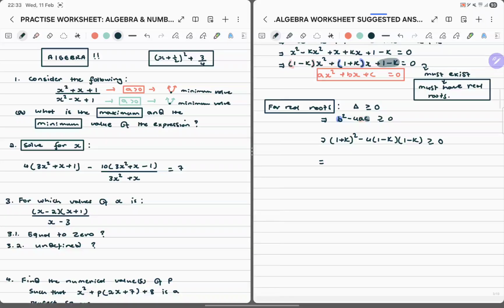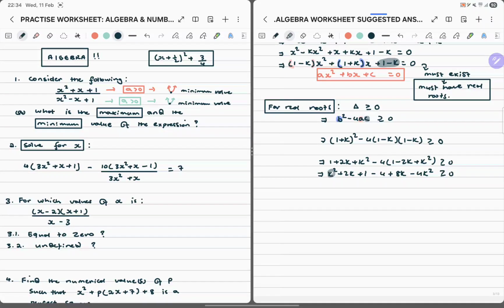Now we simplify further. So this is going to be 1 plus 2k plus k squared minus 4 into (1 minus 2k plus k squared) greater than or equal to 0. We go on, so this is going to be k squared plus 2k plus 1 minus 4 plus 8k minus 4k squared greater than or equal to 0.